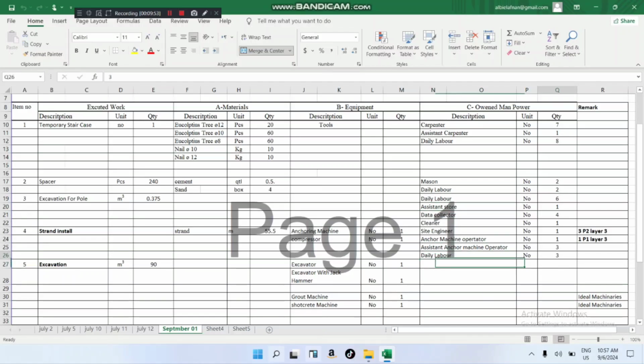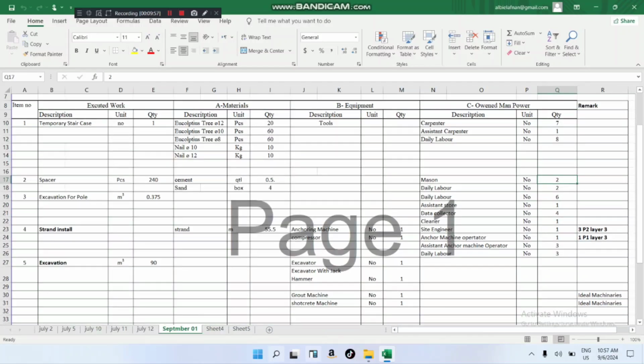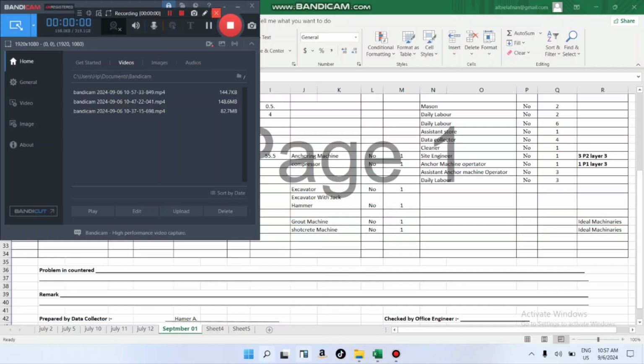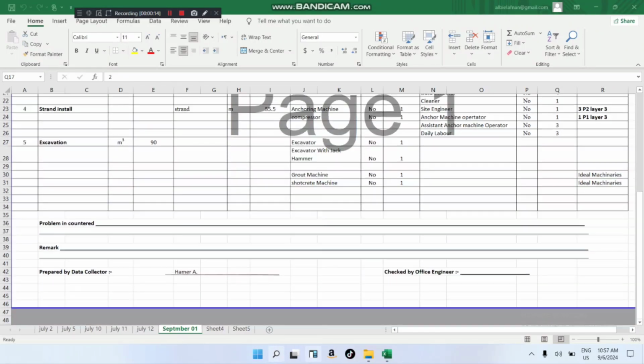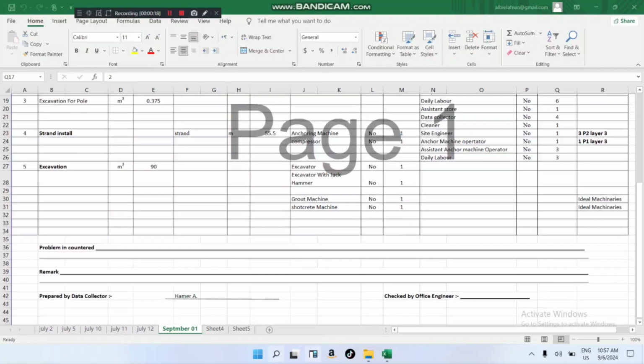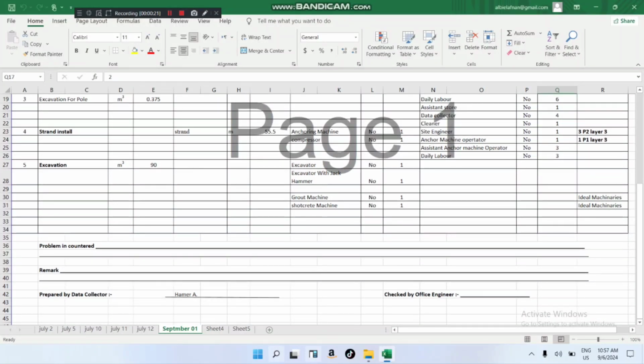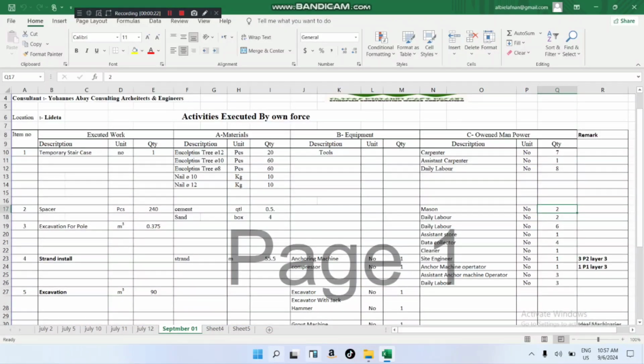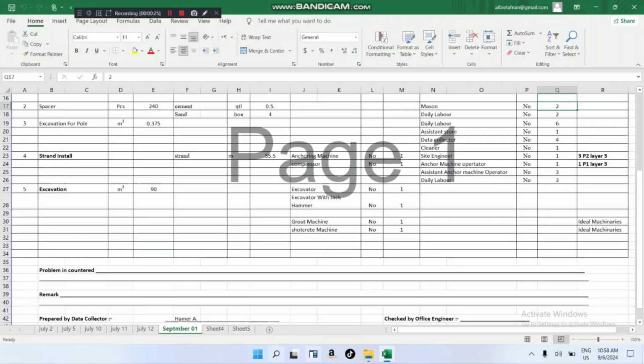This is by your own force in the site. Anyhow, in the Oromia Presidential project, we did it like this. Some was from our own force, and the other project also that we dropped, G+2, was from our own force. Actually, I took the labors and the tools, the equipment, and they were working in it.